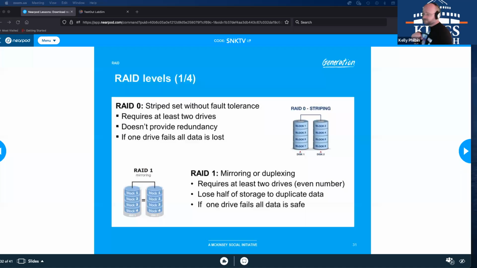Yes, Ninja. Why would you say 1 would be safer than the 3 drives? Because if there's a 1 in 10 chance that this Seagate drive fails, so I have a 10% chance of the Seagate drive failing.